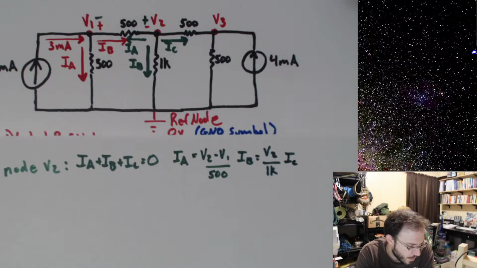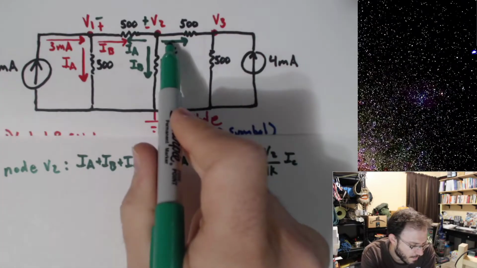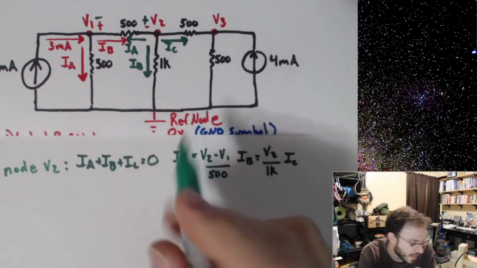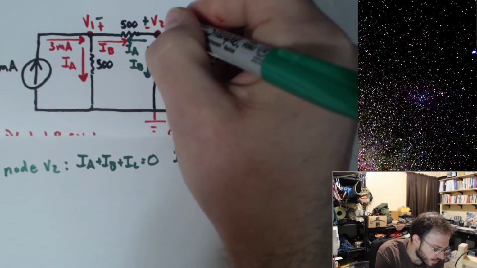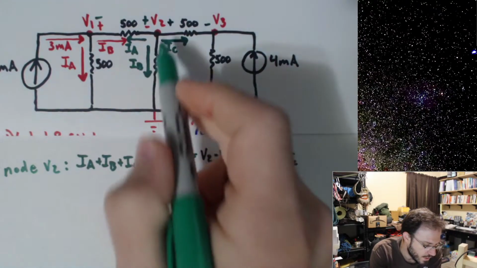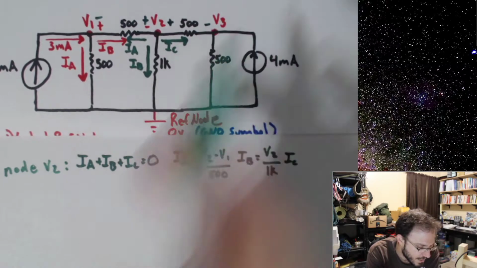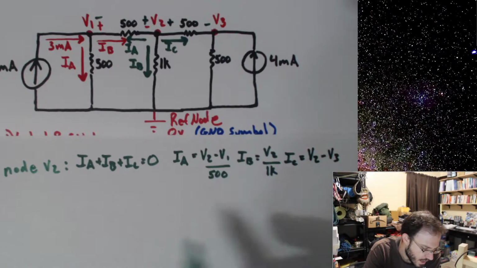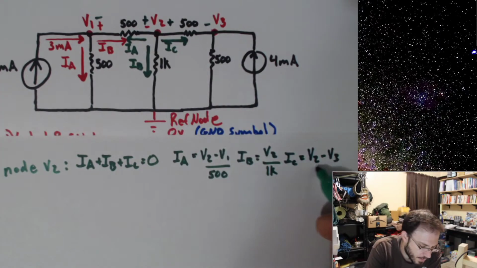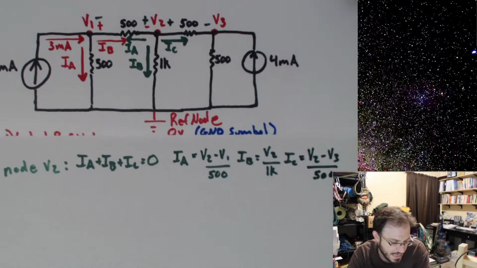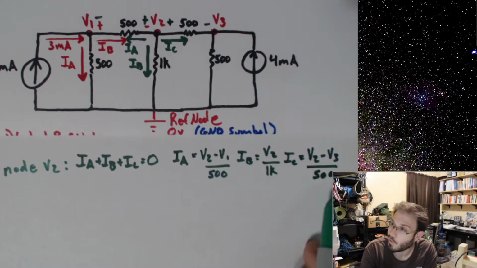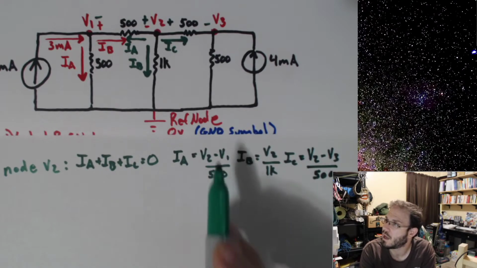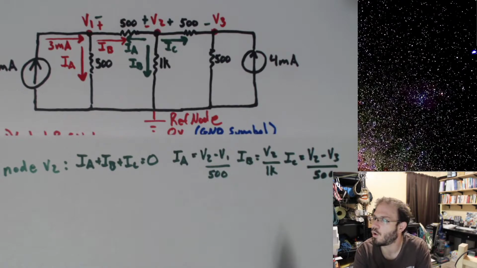Okay, what's the story with IC? Well, again, I have my current direction going to the right, so I'll say current goes from a higher voltage to a lower voltage, plus V2 minus V3 is that voltage drop. And divide it by the resistance 500 gives me the current IC. So now I have my three currents in terms of V's and ohms.